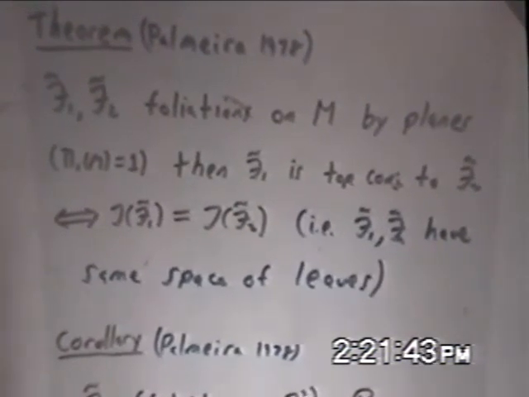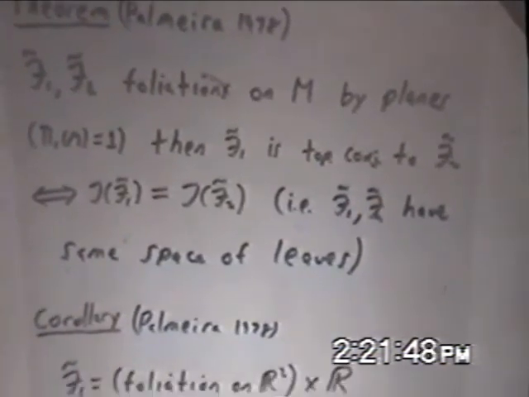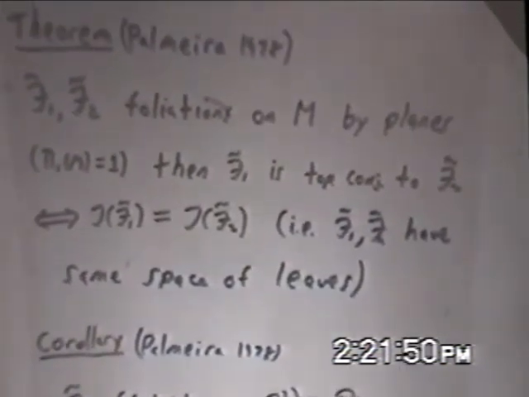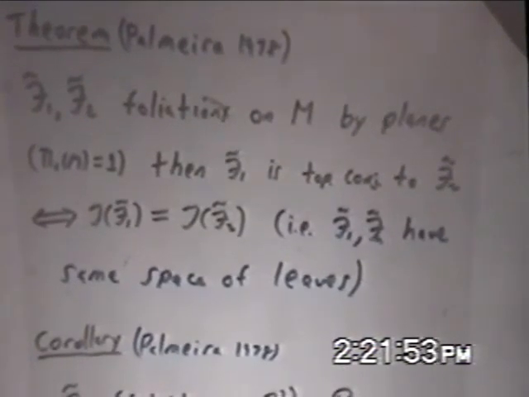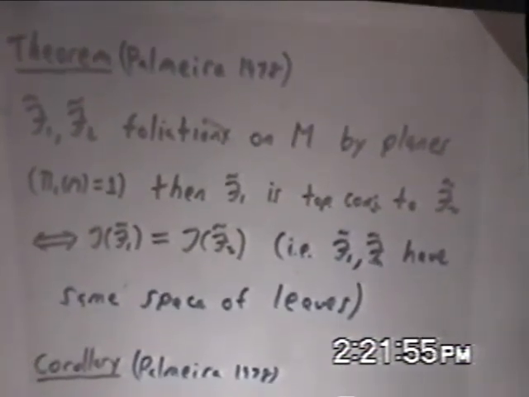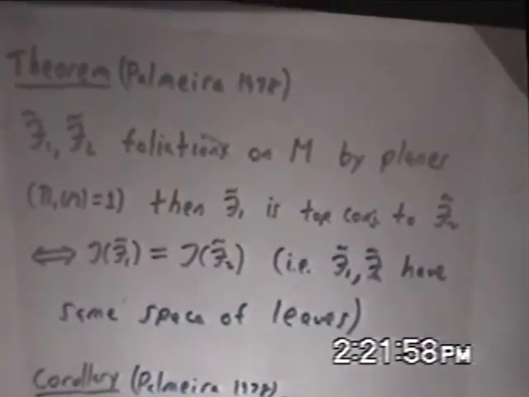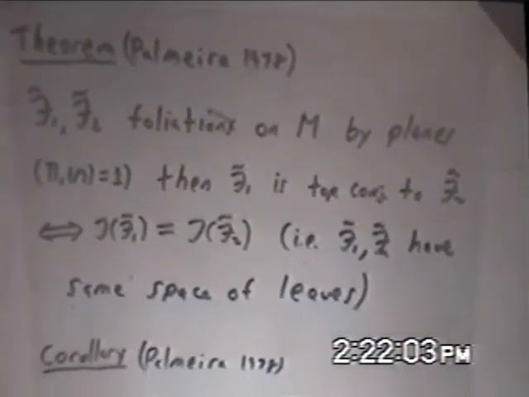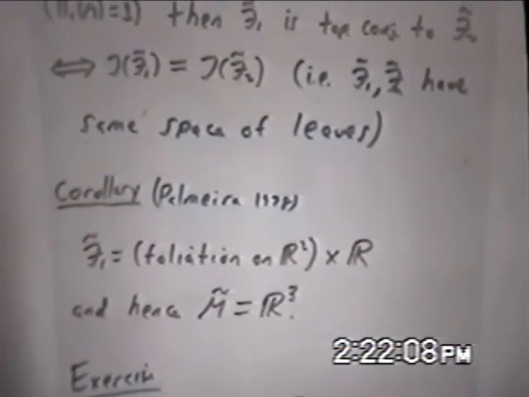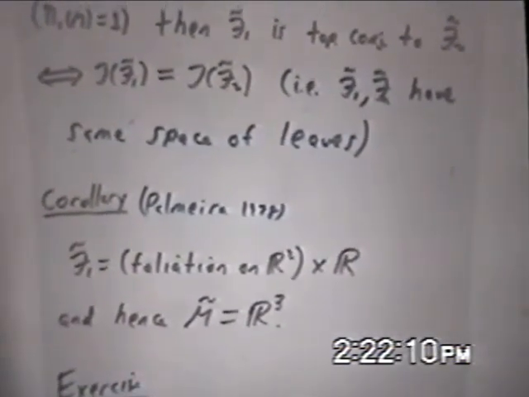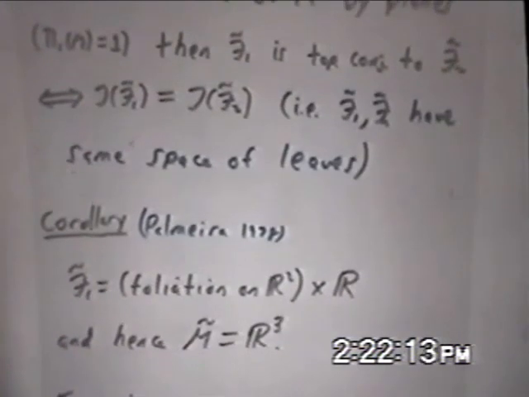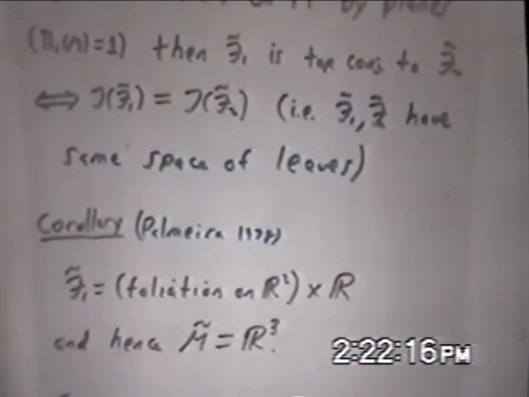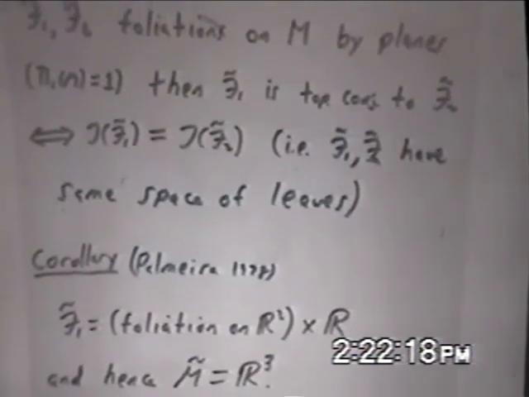Suppose you have a simply connected three-manifold, and you have two different foliations of that three-manifold by planes. Then his theorem is that these two foliations are topologically conjugate, that is, there's a homeomorphism of the three-manifold taking one foliation to the other, if and only if their spaces of leaves are homeomorphic. This is really a pretty remarkable one.